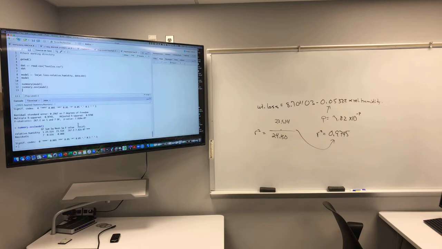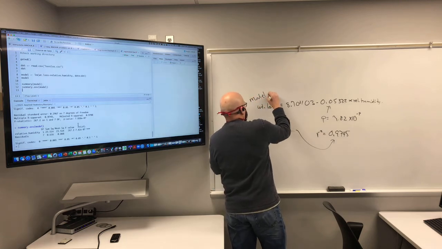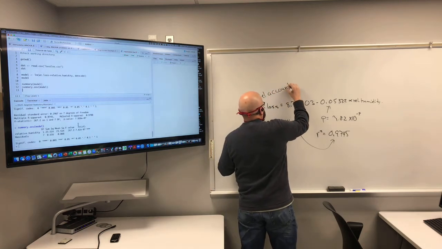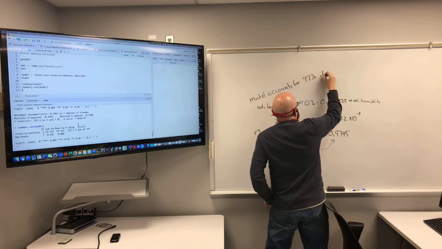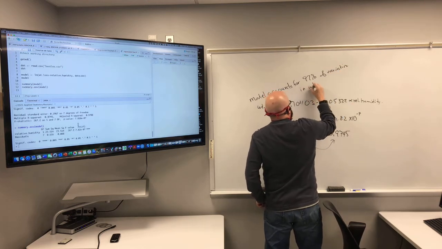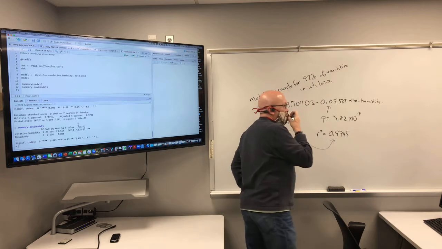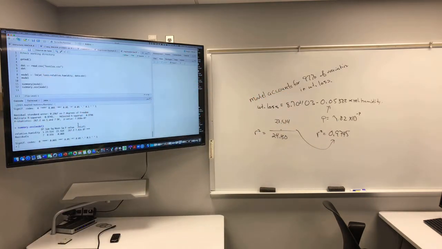Once you've accounted for relative humidity, there's hardly any residual variation left over, such that the statistical model is accounting for over 97% of the variation in weight loss.